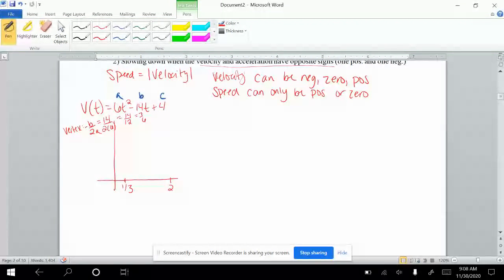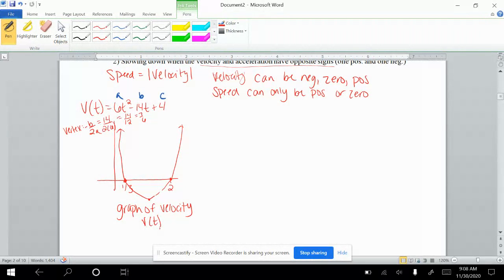That's where it's going to cross the x-axis, here and here. Your vertex is down here at 7/6. So you've got something like this for your velocity function. This is the graph of velocity, which we called v of t.